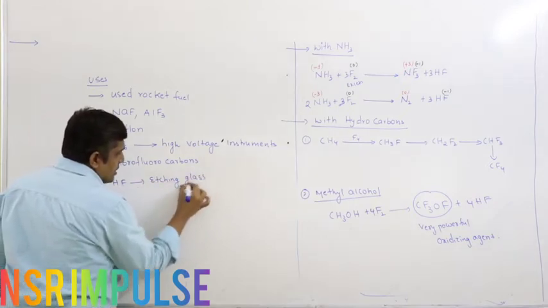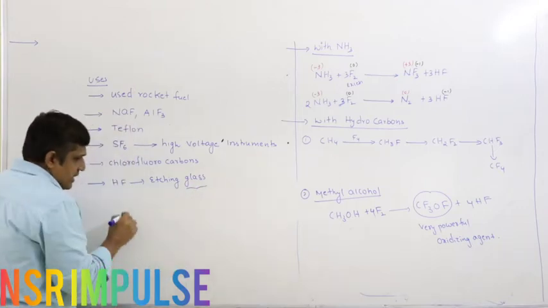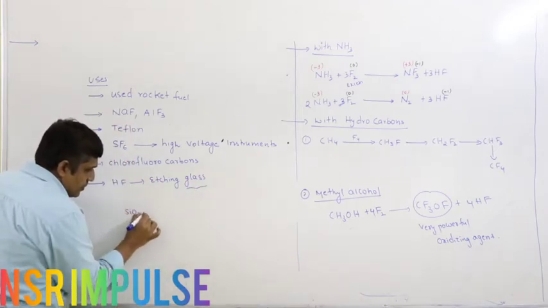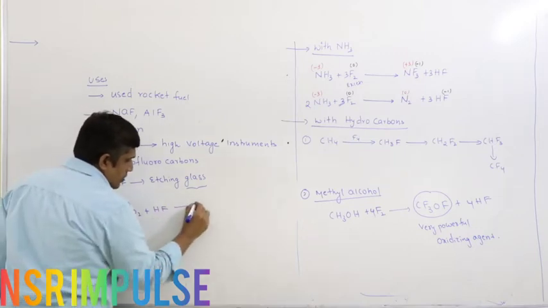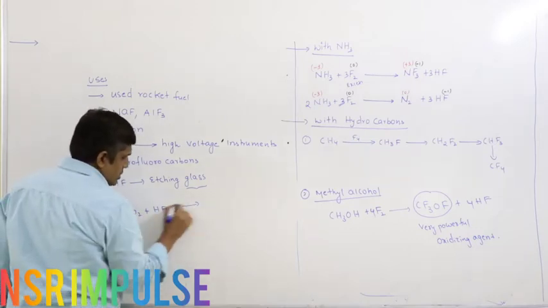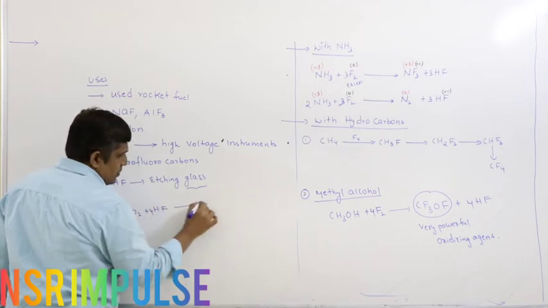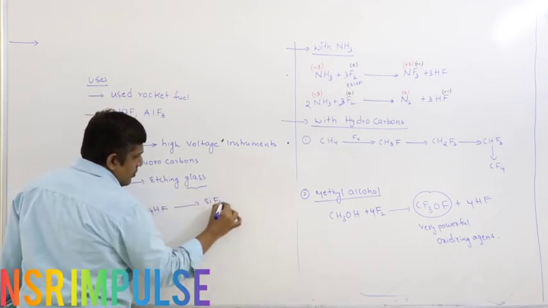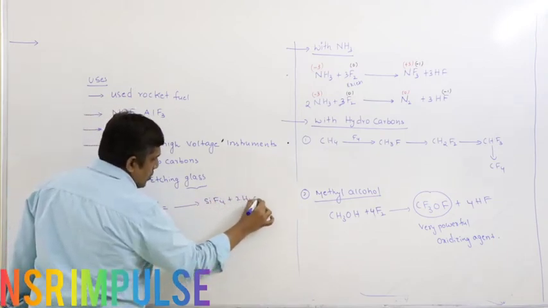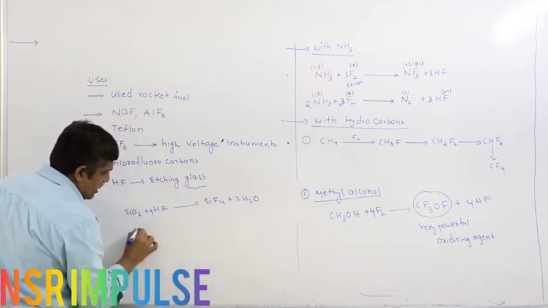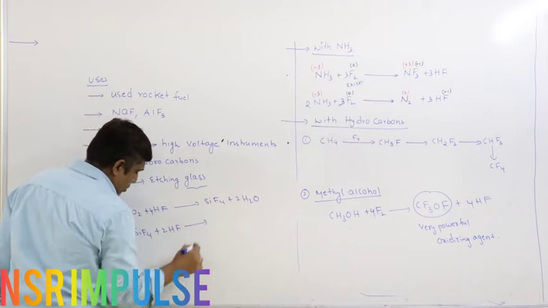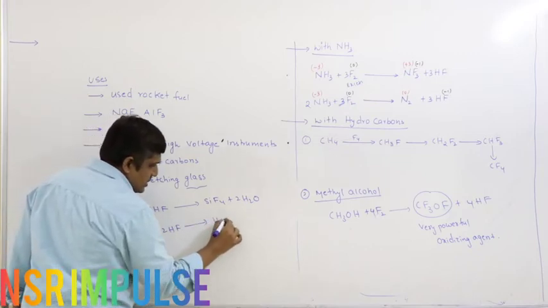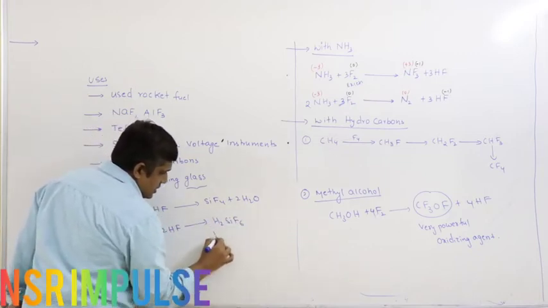So what happens? Glass is nothing but silicate. It contains SiO2. When it comes in contact with HF, it removes oxygen as water. So 4HF plus SiO2 gives SiF4 plus 2H2O. The SiF4 further reacts with HF to form hydrofluorosilicic acid, that is H2SiF6.